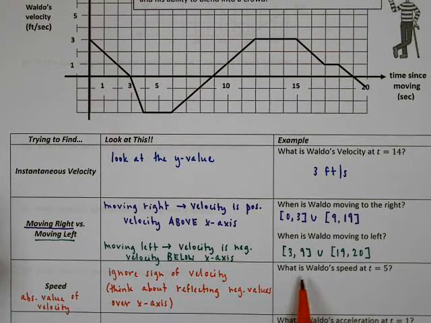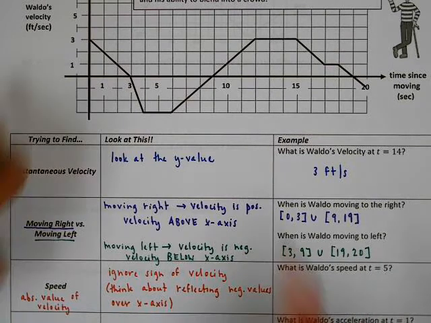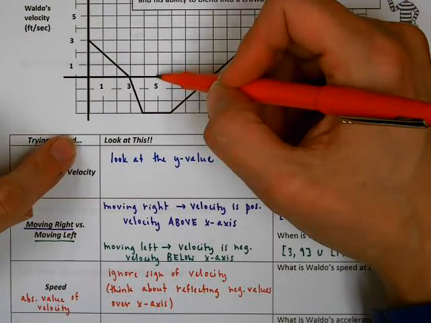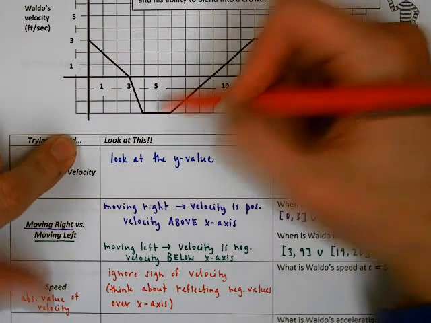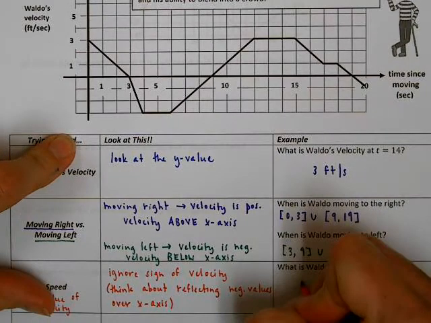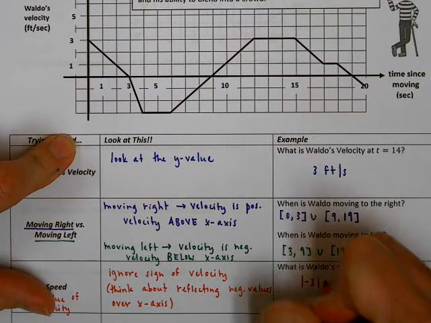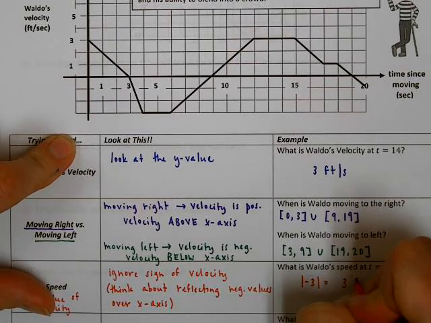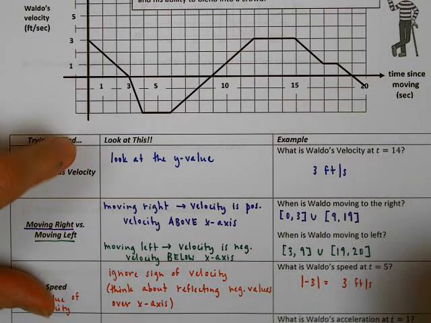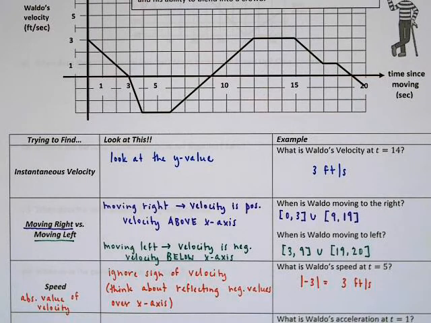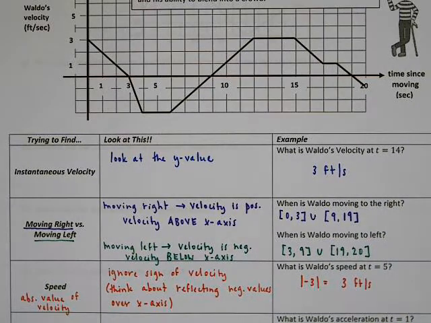So if I want to know Waldo's speed at t equals 5, I find t equals 5, and I know that's negative 3, so it's the absolute value of negative 3, which is just 3 feet per second. So I'm really focused on the absolute value of the velocity.